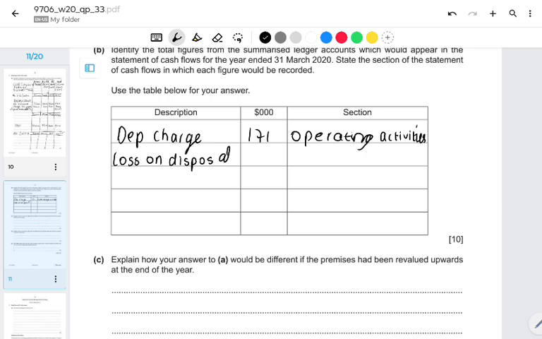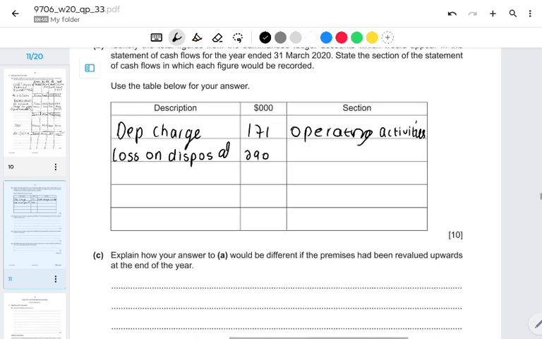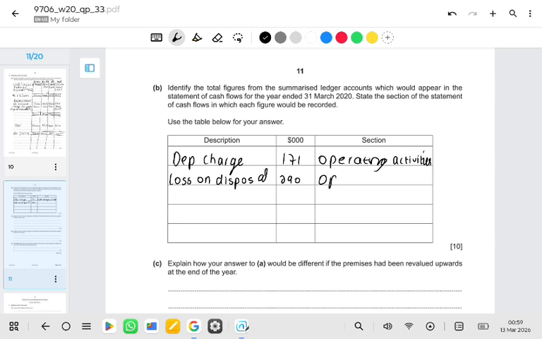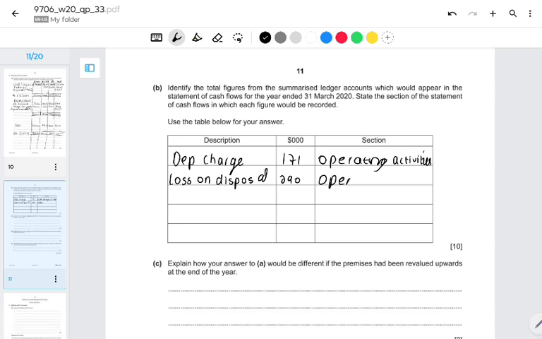That is 290,000. I'm not showing you the values because you can see it from the answers, or else it will be very time taking. Loss on disposal, profit on disposal is 10,000.